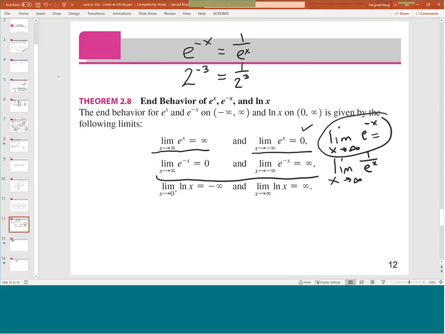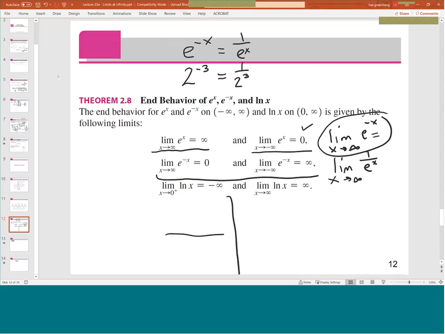So this one it's easier if I show you the graph of the log. That's the graph of log. This is 1. Remember that? So as I get closer to 0 from the right, this gets closer and closer.